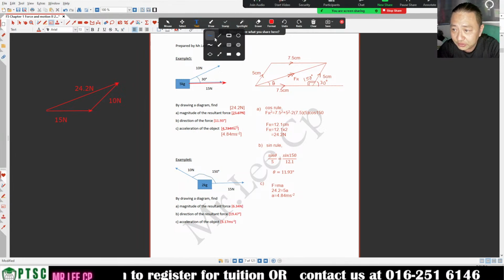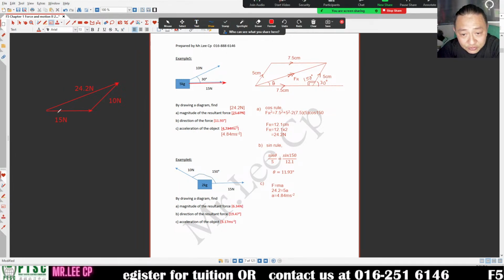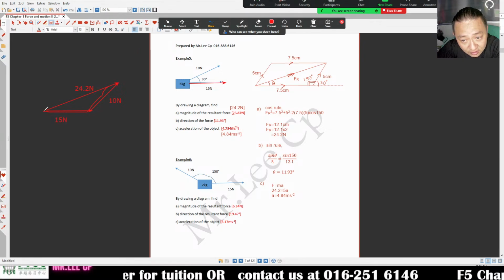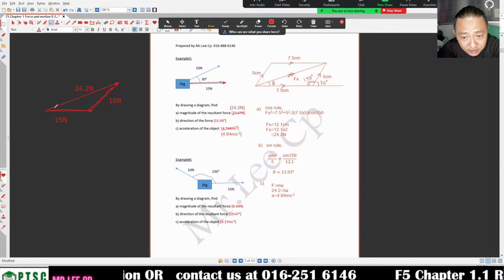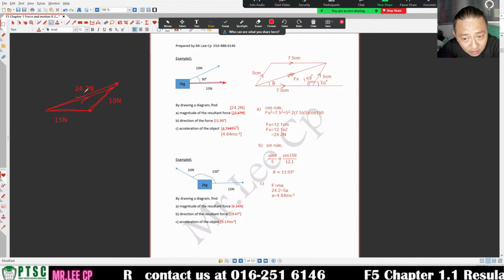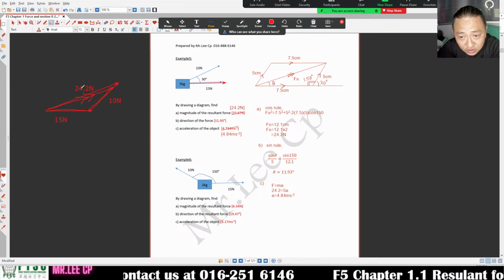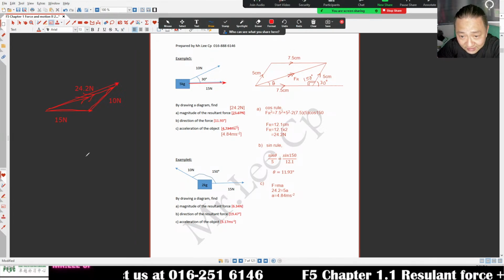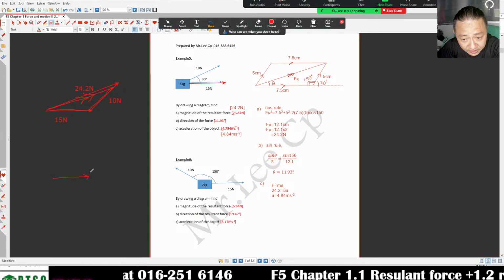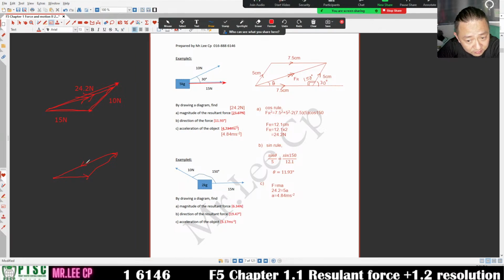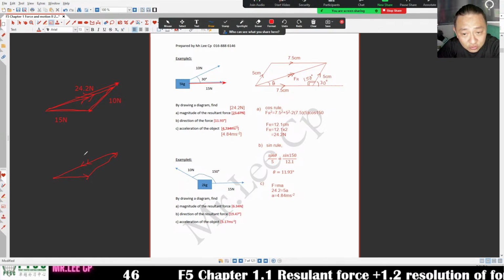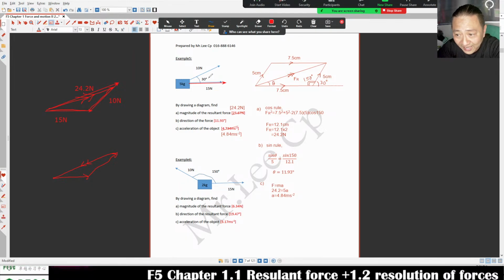The direction does not come back: you go from here to here, meaning your object is going to move in this direction. This is not in equilibrium. If it were in equilibrium, it would come back. So this is not equilibrium, meaning it will accelerate.